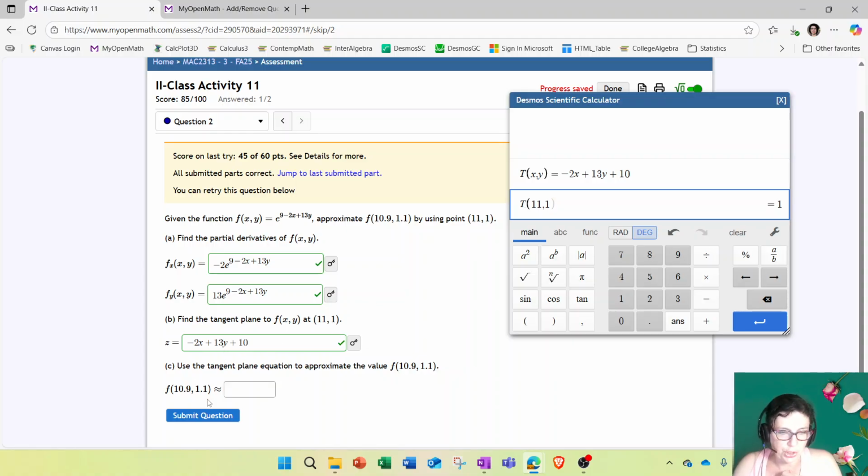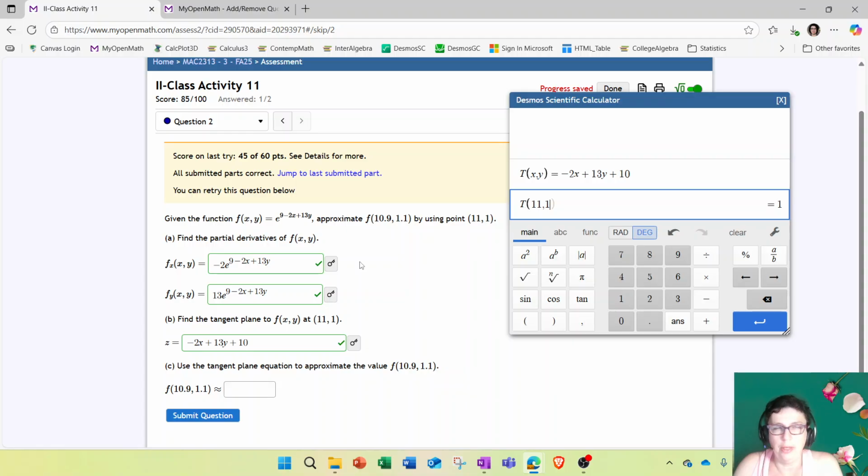Okay, so then what we want is an approximate value of the original function not at 11, 1, but at something very close to 11, 1. So 10.9 is close to 11 and 1.1 is close to 1, right? So why would you want to do that?